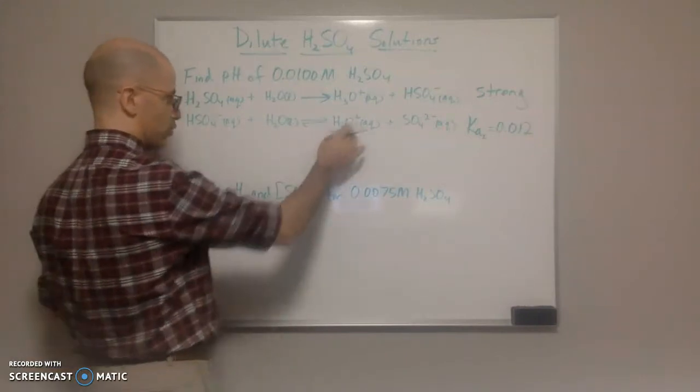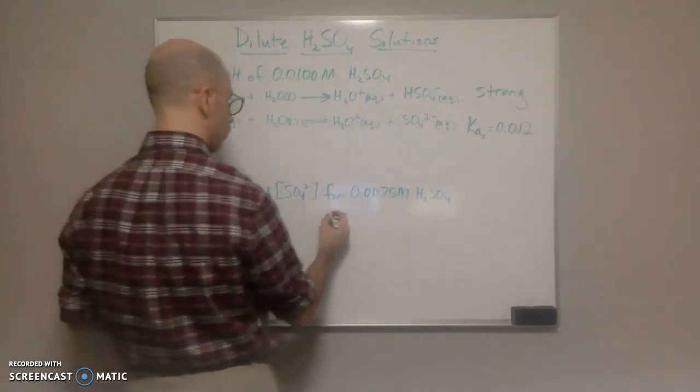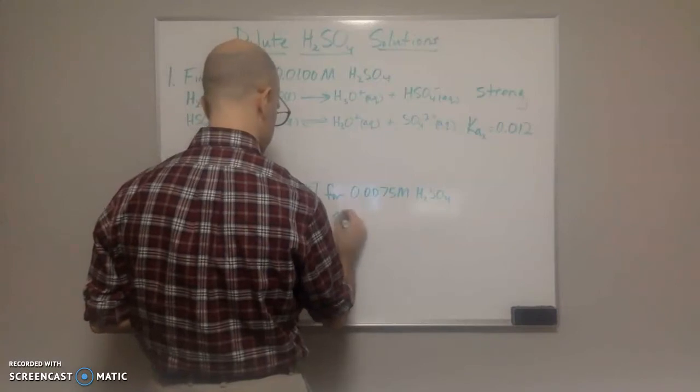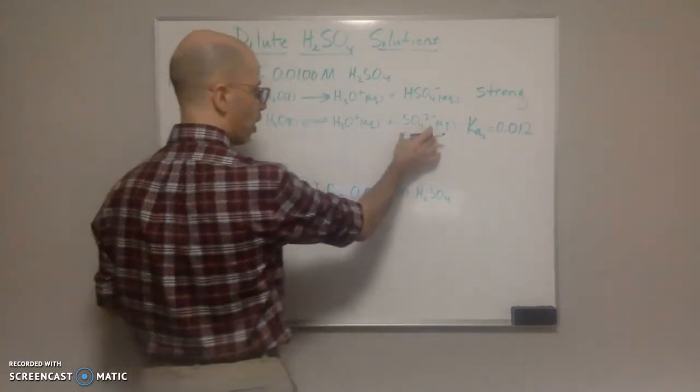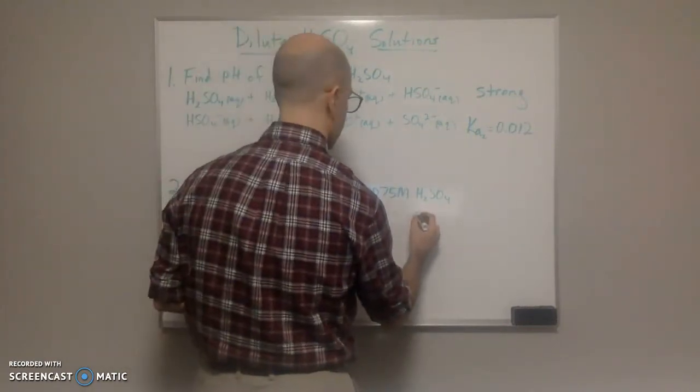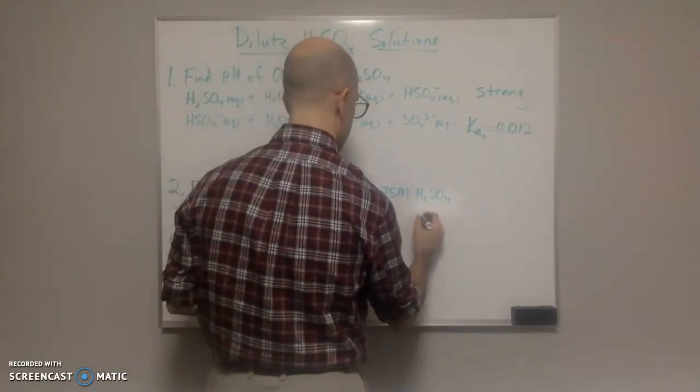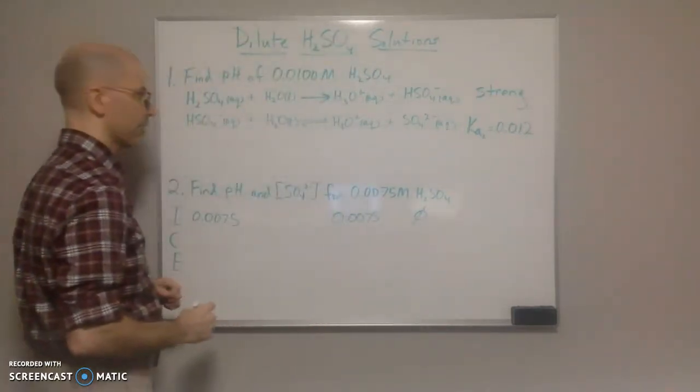For the H3O plus, we also have 0.0075 as our starting concentration. And for our sulfate ion, we have 0 to start with.